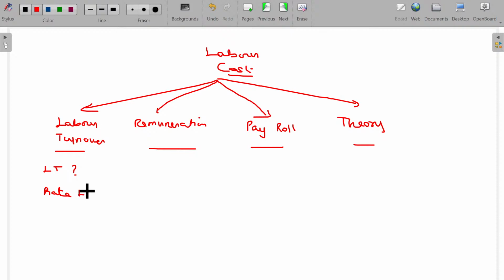Next, the cost involved in labor turnover and the reasons for labor turnover. These are the 4 predominant aspects you have to understand. Clear? Labor turnover, rate of labor turnover, cost of labor turnover, and reasons.